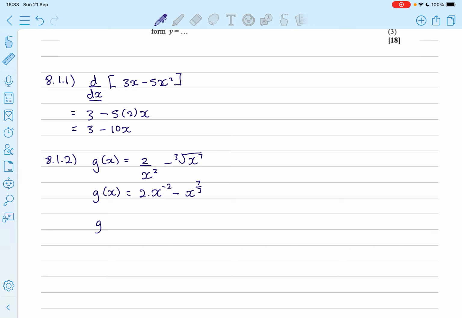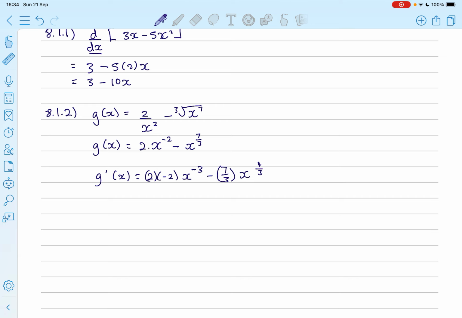So let's proceed and get g prime x. So we now have 2 times the other 2, which is negative, and then here we've got negative 3. And then here we've got 7 over 3 in the front, and then 7 over 3 minus 1 leaves us with 4 over 3.